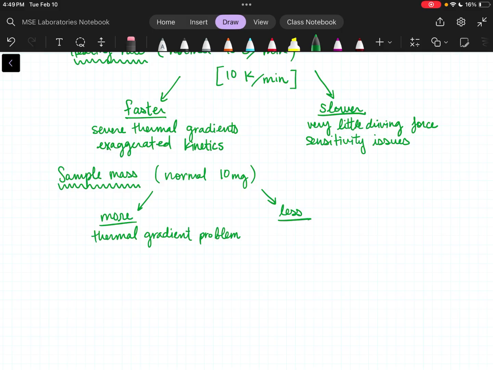We are also going to see a slower transition. Related to that thermal gradient problem is a slower transition. Icebergs exist at room temperature.